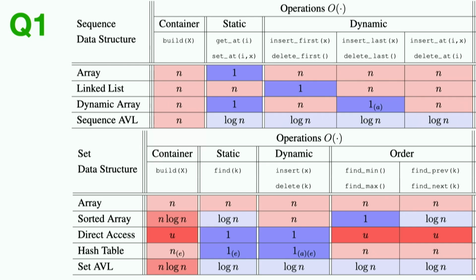OK, so the dynamic array tended to be, in your coding practice, your most common sequence data structure here, though we can get pretty good for this insert in the middle operation with the sequence AVL. OK, then on the set data structure side, I kind of categorize these things into a couple different categories here in terms of the operations we can support on these things.